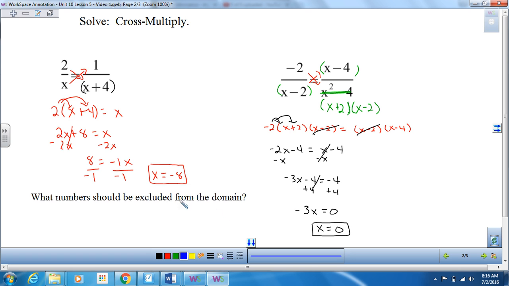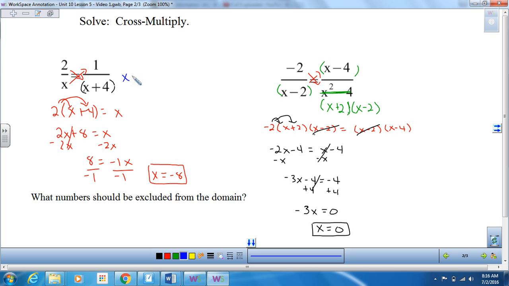So this question here, what number should be excluded from the domain? We talked a little bit about this when we were first simplifying these. Remember, you cannot divide by 0. So in this case, I have to put a little disclaimer. x cannot equal, remember, I can't have denominators that are 0.